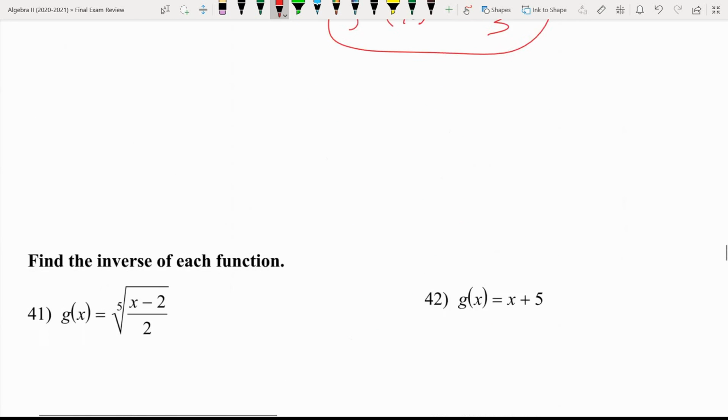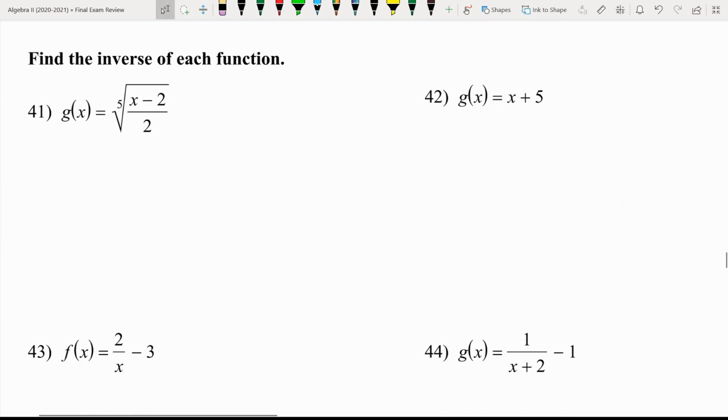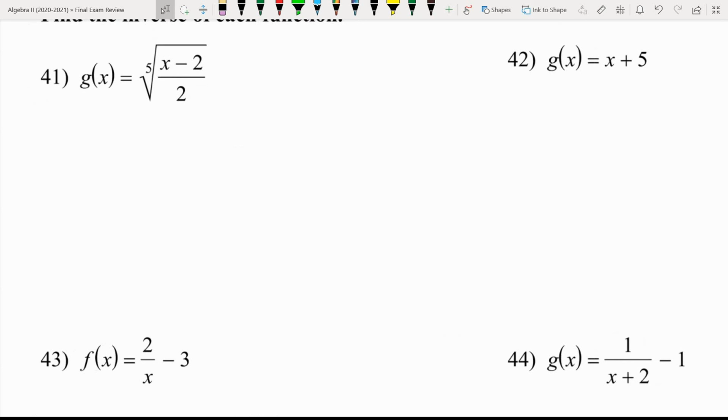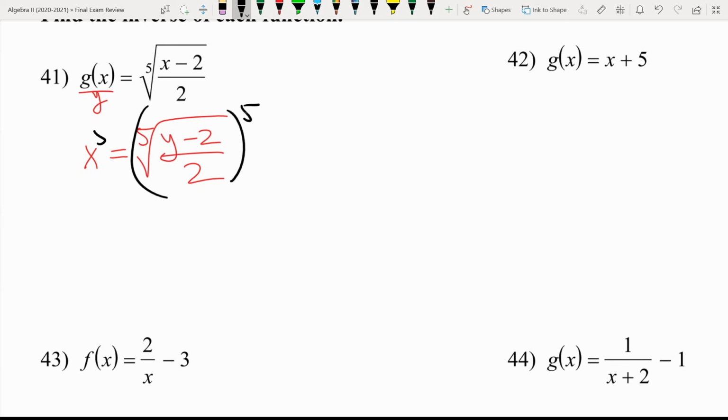All right. Find the inverse of each function. We just did a bunch of basically the same thing, but I'll go through the odds here again just for some extra practice. So I'm going to change this into y, swap x and y. So this turns into x equals the fifth root of (y minus 2) over 2. How do you get rid of a fifth root? You got to take the fifth power of everything. So I'm going to take this side to the fifth power, this side to the fifth power.